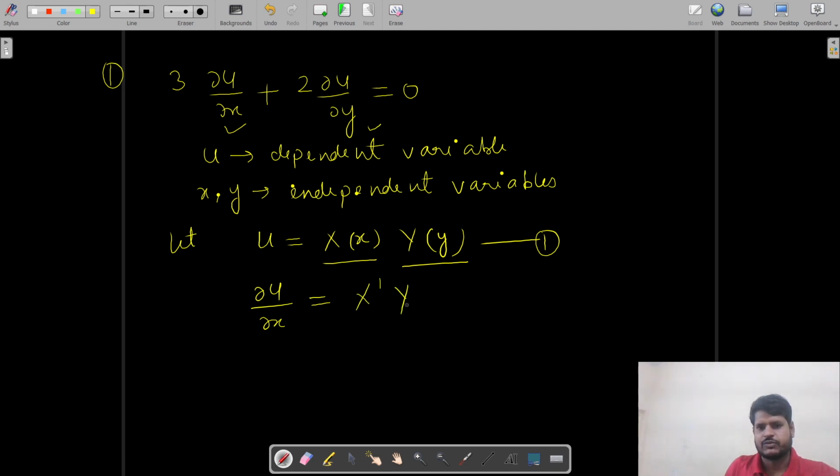And this is capital Y, because capital Y is a constant and this is a function of x, so X dash. Similarly, ∂u/∂y, we have X Y dash, right? So now you have to just put these two values of ∂u/∂x and ∂u/∂y in the given equation.